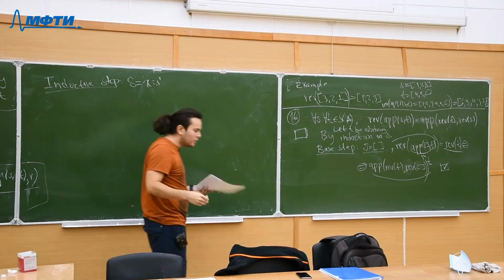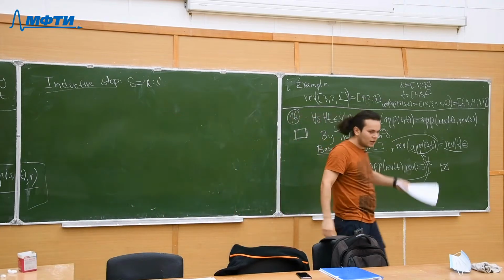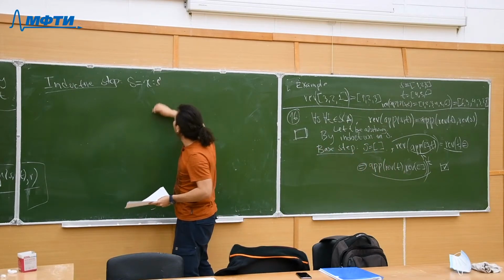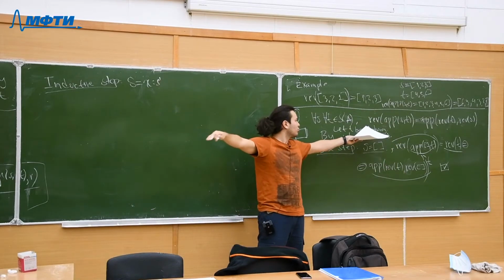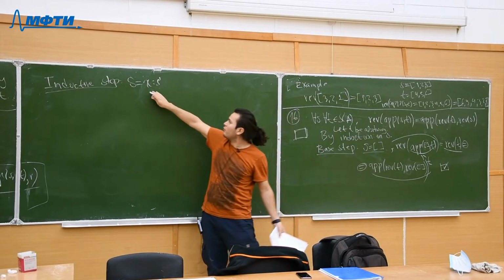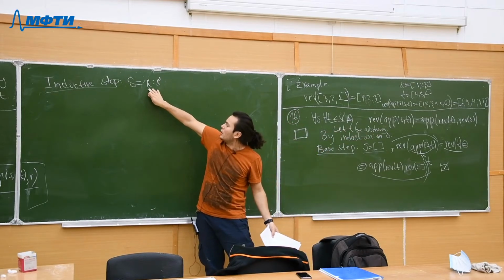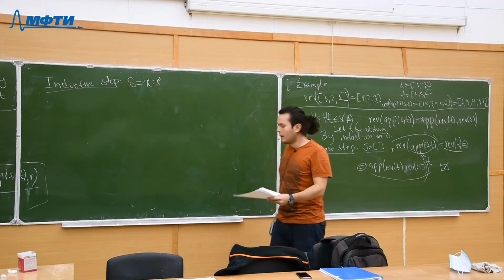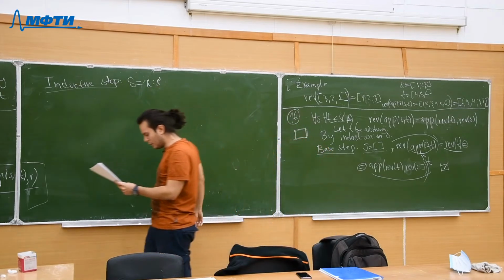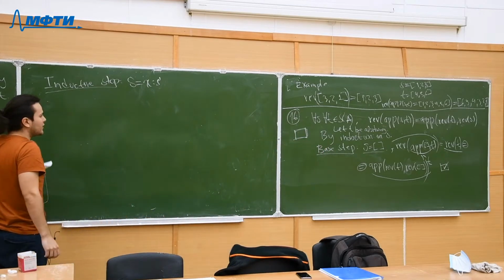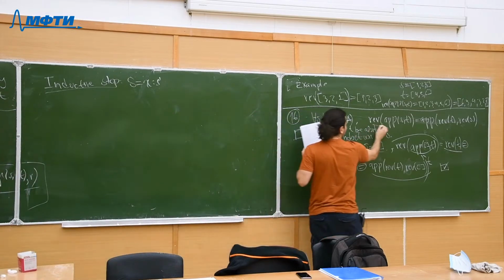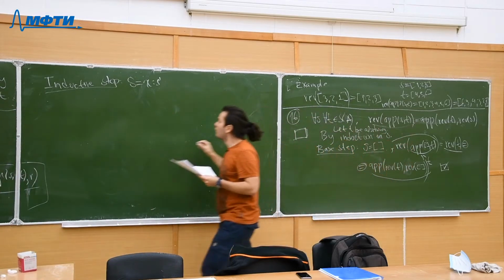So we are assuming that this condition holds for S prime. Okay? For S prime, this is true. Now we need to show that for S, this is going to be true as well. And then we need to do the same. So we need to put this into this.